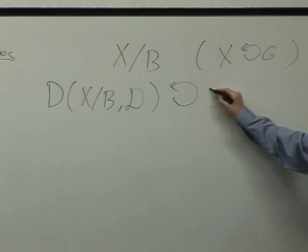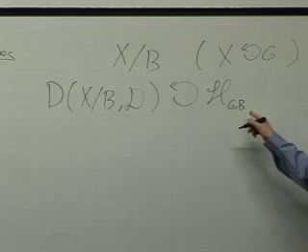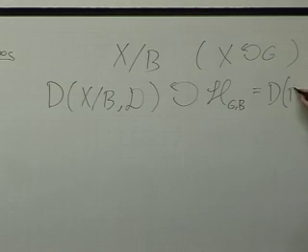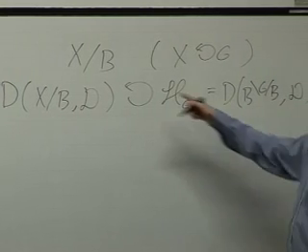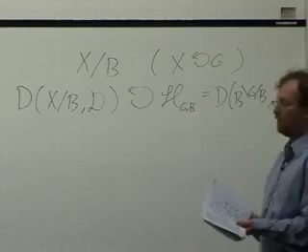What's the Hecke algebra? It is the Hecke algebra for G and B, which is exactly D-modules on double cosets. This is the algebra, and it acts on these categories. That's the same Hecke GB that appears on the other board.